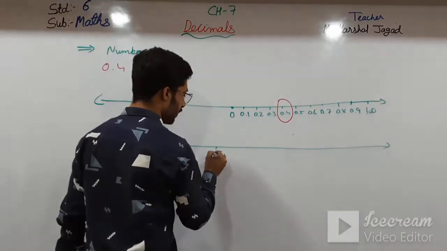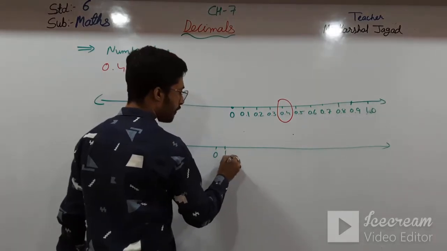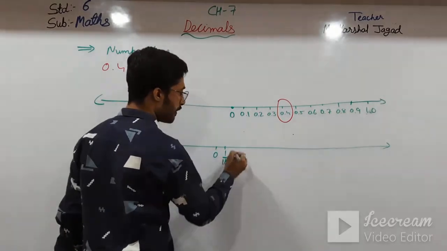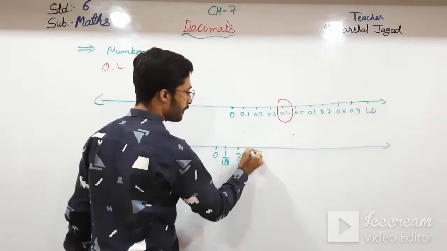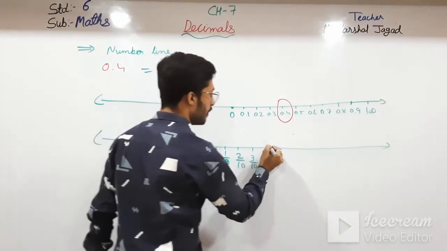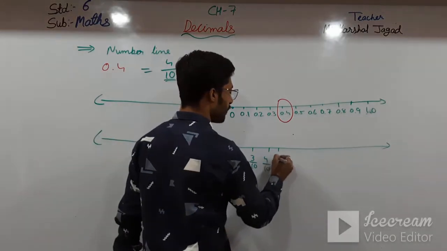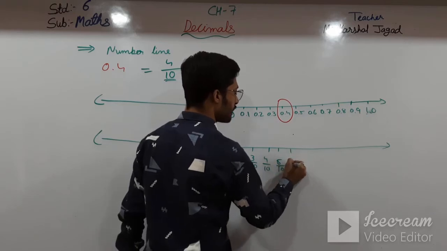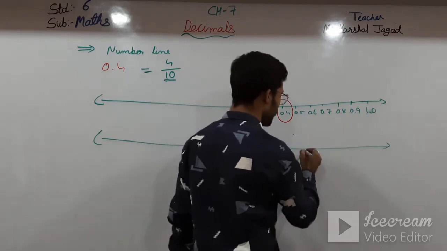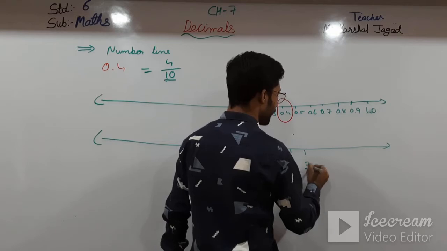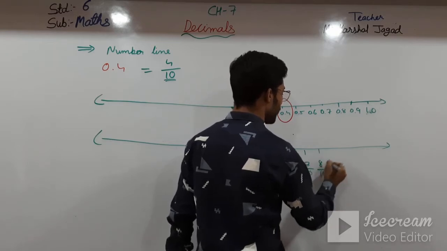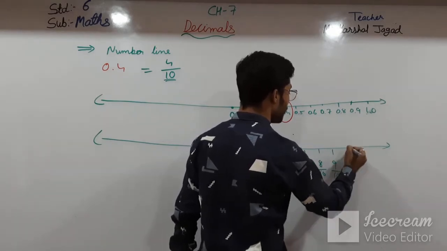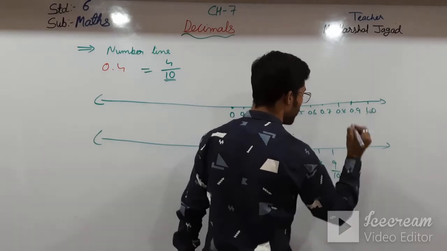I am just doing this only for understanding. Here I can write 1 by 10, 2 by 10, 3 by 10, 4 by 10, 5 by 10, 6 by 10, 7 by 10, 8 by 10, 9 by 10, and 10 by 10.